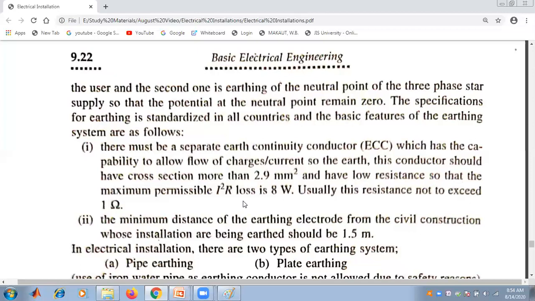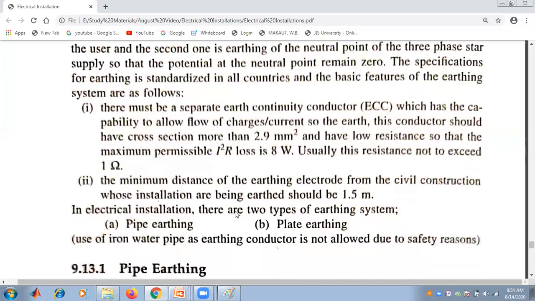Usually the resistance does not exceed 1 ohm. And the second one is that the minimum distance of the earthing electrode from the civil construction whose installations are being earthed should be 1.5 meter.